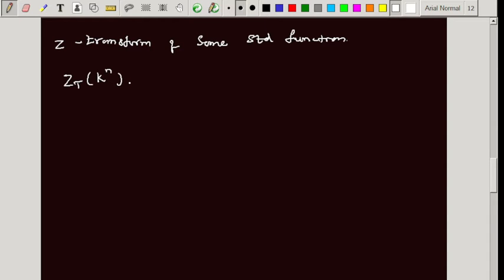Here we cannot find the answer directly by substitution, so we use the definition. By using the definition we can write it as summation n is 0 to infinity k power n into z power minus n. Here z power minus n we can write as k power n divided by z power n.